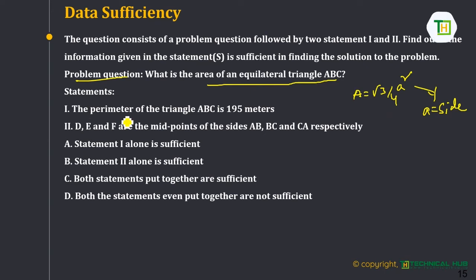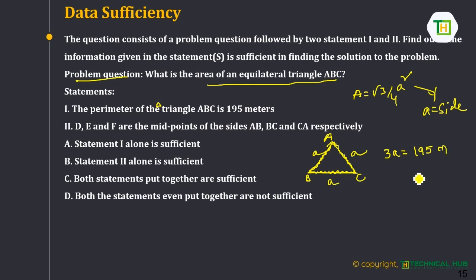Statement 1: the perimeter of the equilateral triangle ABC is 195 meters. An equilateral triangle means all sides are equal. The perimeter means adding three sides: a plus a plus a, so 3a equals the given 195 meters.